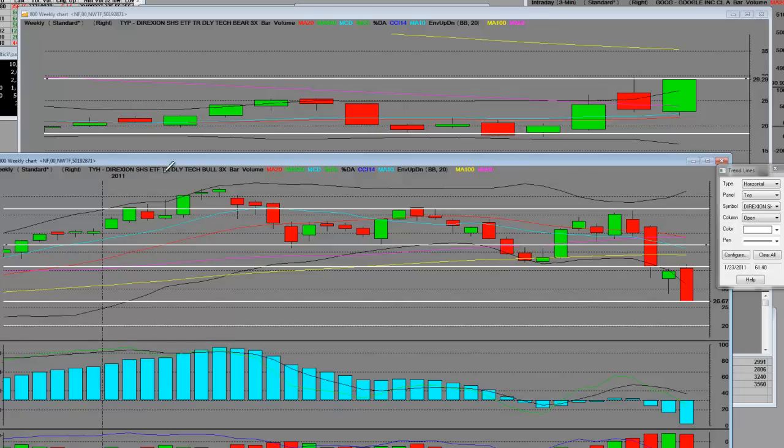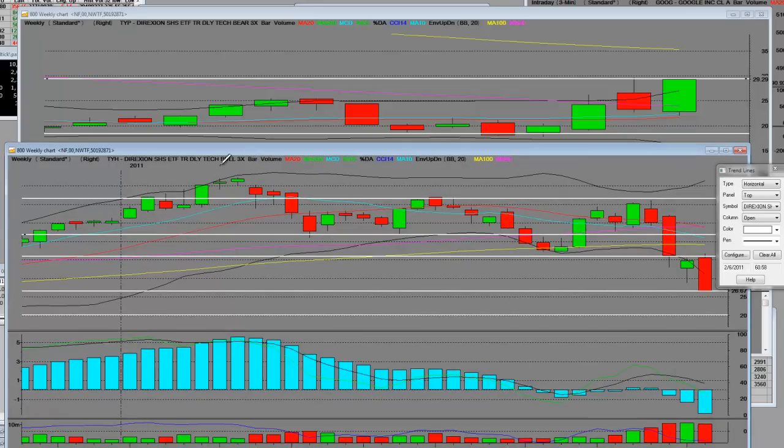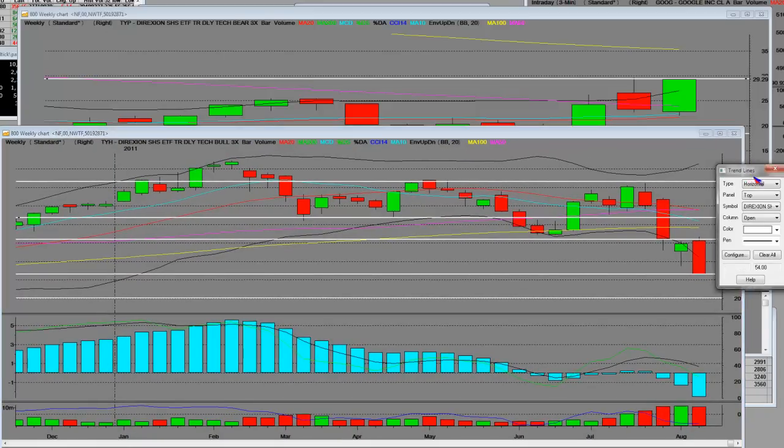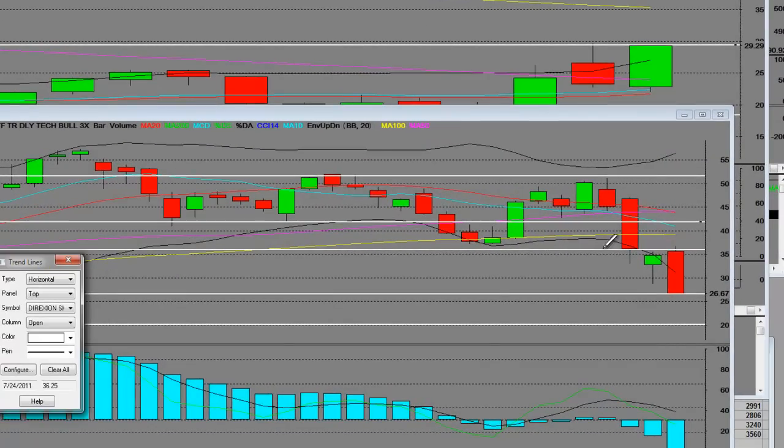The opposite side is the bull 3x, which can be shorted outright. You'll notice clearly over here the 4-week decline also looks identical to the NASDAQ 100, NASDAQ comp, and the broader components that work with bear and bull ETF structures within the NASDAQ structure.